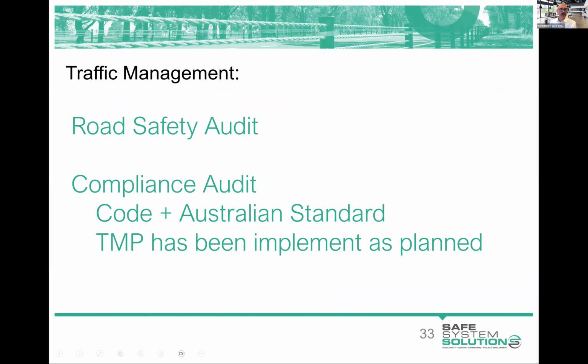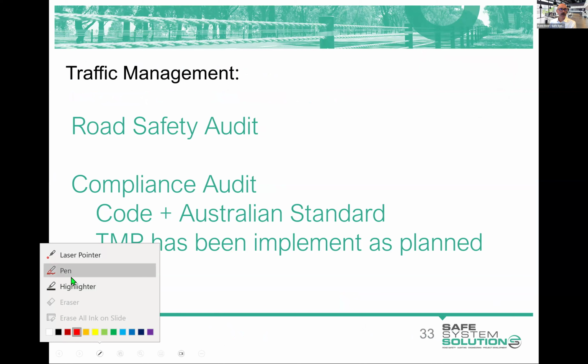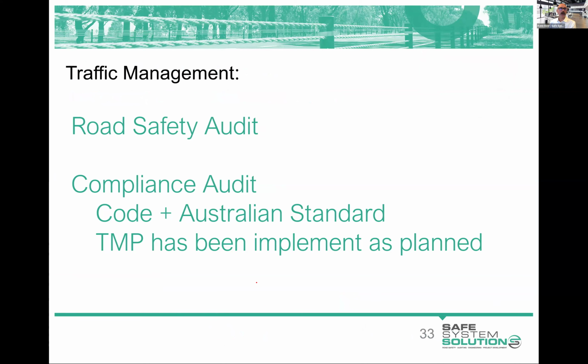The first thing I want to do is just make sure that we're clear on the difference between a road safety audit and what we would call a compliance audit for a traffic guidance scheme, traffic management scheme.